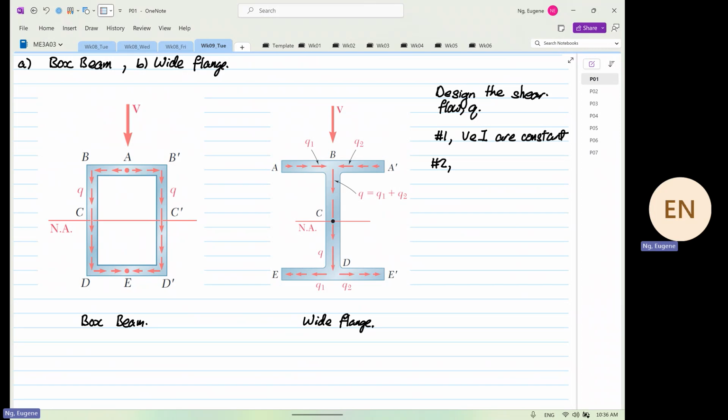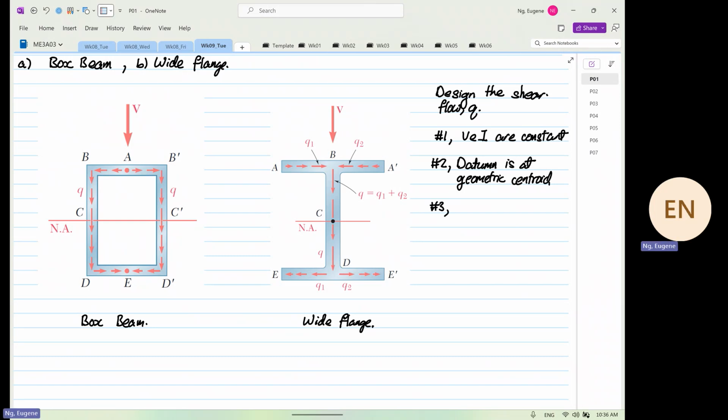The datum is at the geometric centroid. That still stands, so this rule is still there.